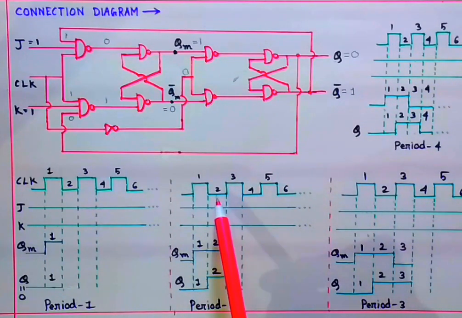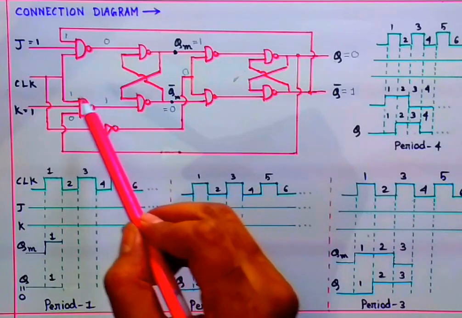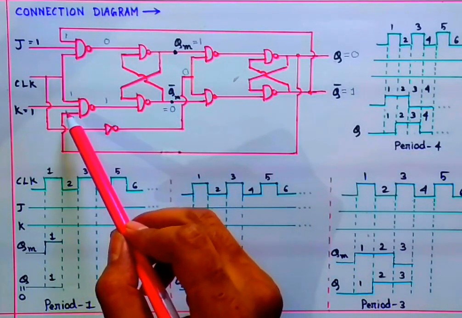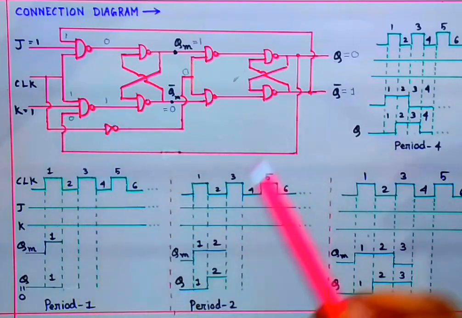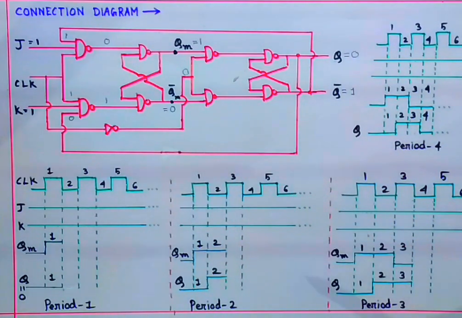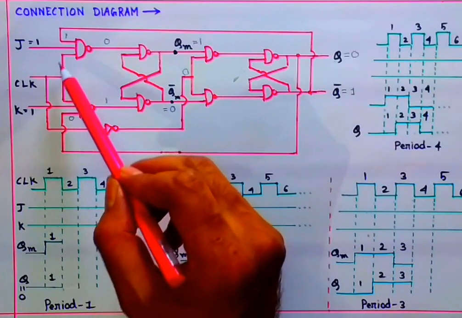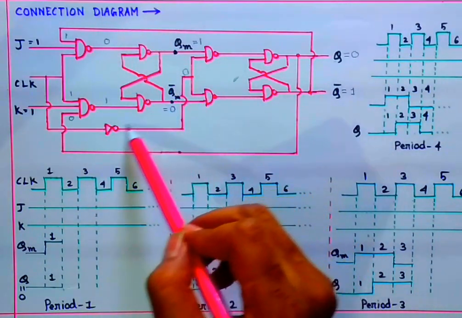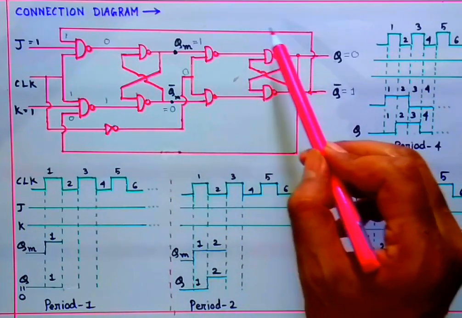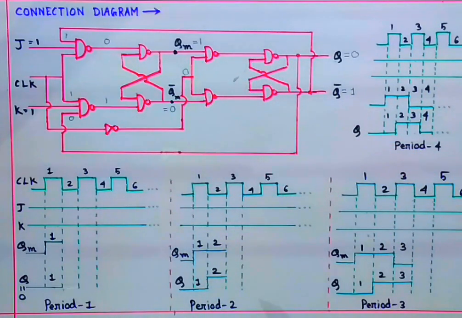So during period 2 the clock signal is low. That means at period 2 this master flip-flop works as memory and this slave flip-flop is operational. That means during this period the master flip-flop holds its previous data and the slave flip-flop is operational.